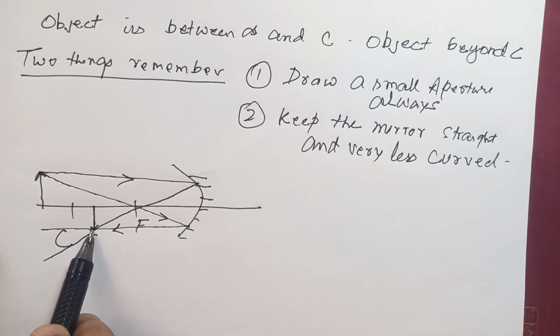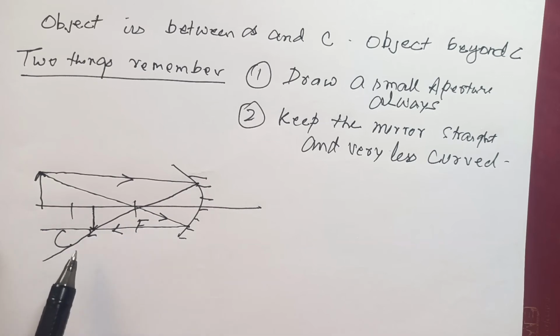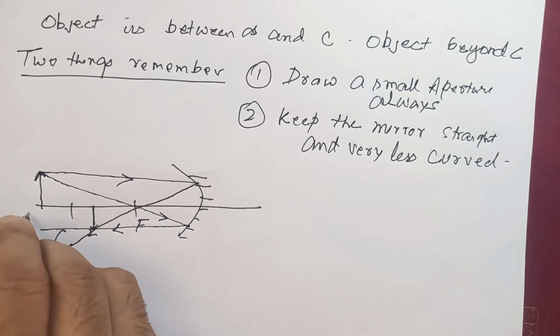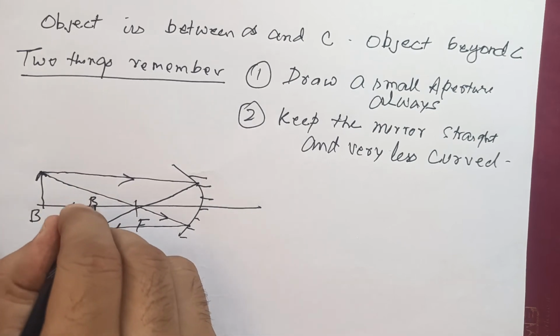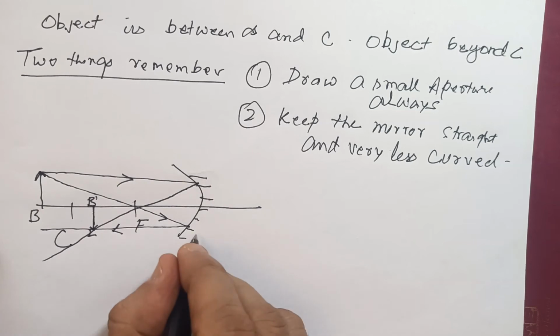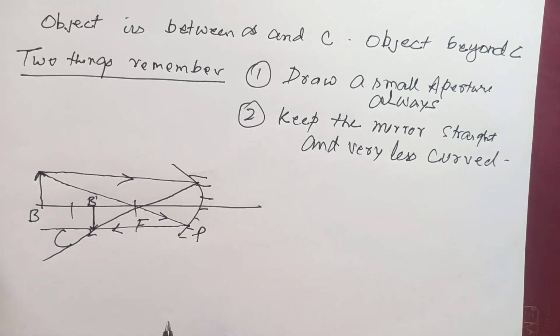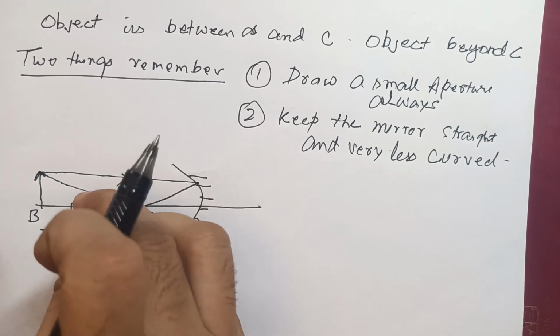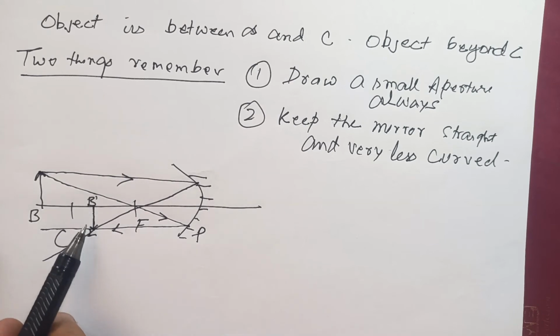Now at this point, draw a perpendicular from the principal axis. Let's say this is B and this is B dash, this is P, and this is focus. So this is the image which is created.